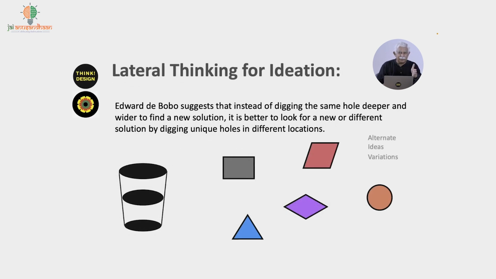Instead of digging the same hole deeper and wider to find a new solution, it's better to look for new or different solutions by digging unique holes in different locations. The possibility of creating alternate ideas or variations is much more. So the vertical one is called vertical thinking and the horizontal one is called lateral thinking. Very simple, isn't it? So you need to think of ideation again by laterally thinking of other solutions.